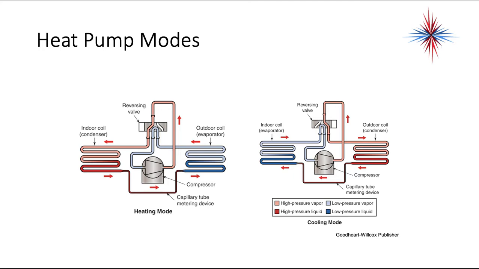If you take a look at the internals of the valve here, you will see that all of a sudden our discharge line and our suction line have switched positions. So my reversing valve in a heating mode, the gas discharges out of the compressor, goes through the reversing valve, and goes to the indoor coil where it gives up heat to the surrounding air.